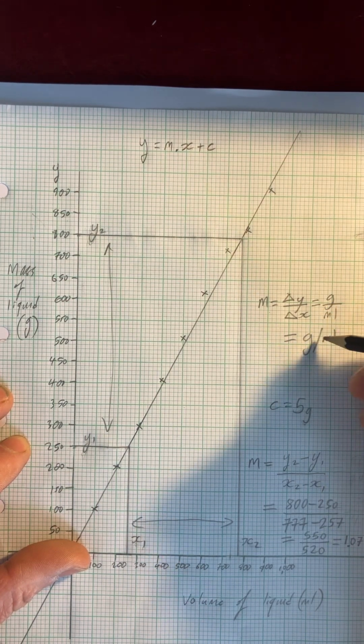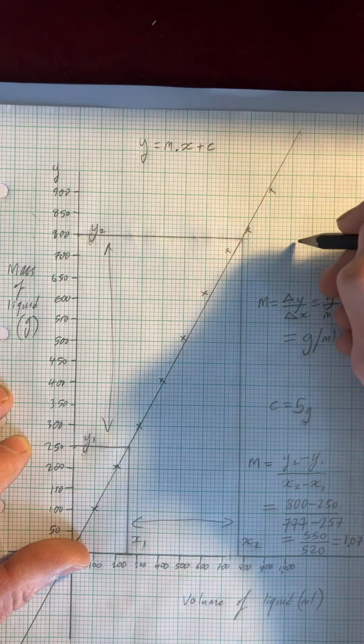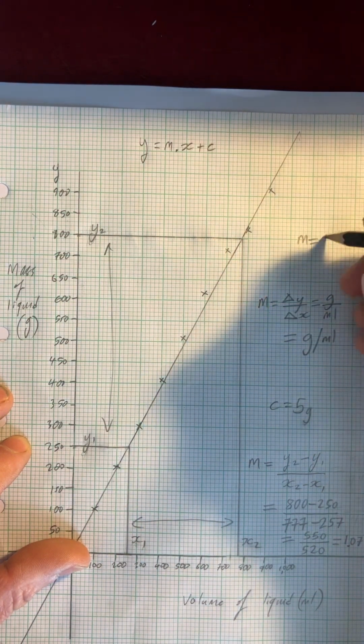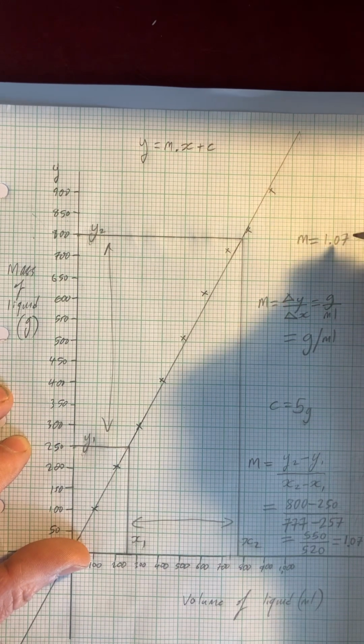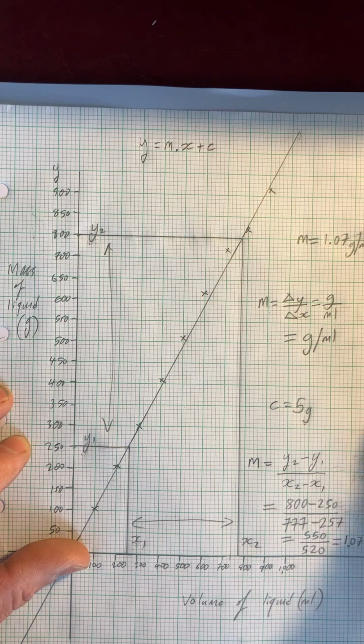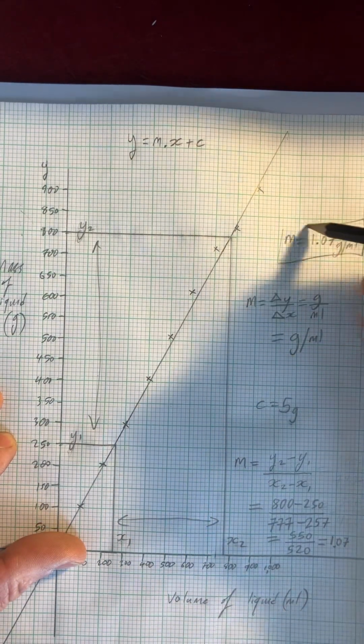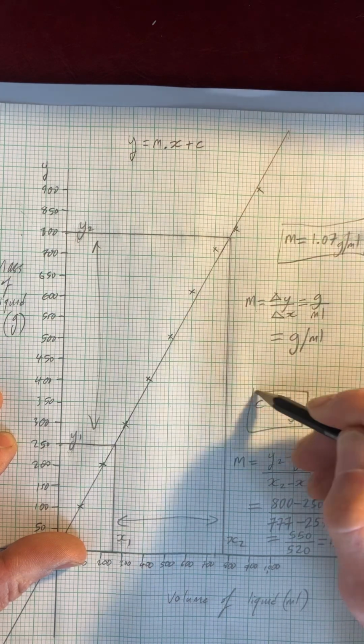Divided by means per. So our slope m is 1.07 grams per milliliter. I'm going to put a box around that.